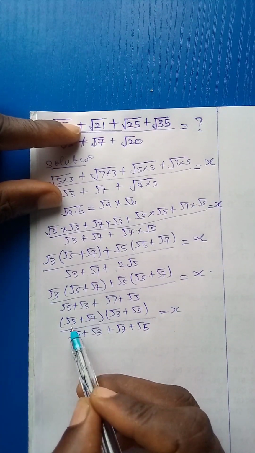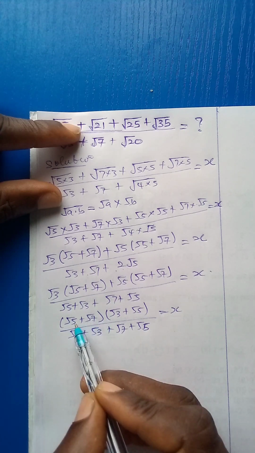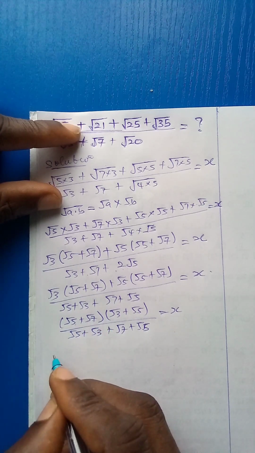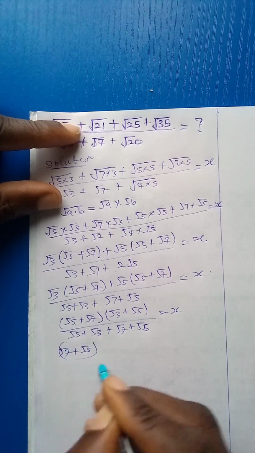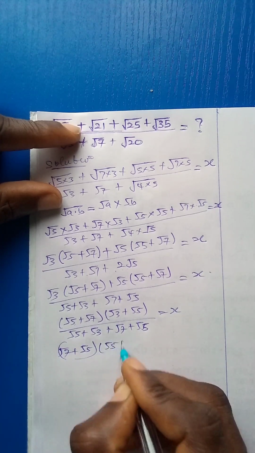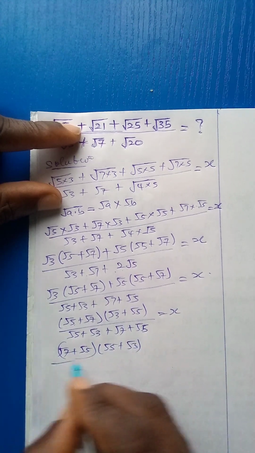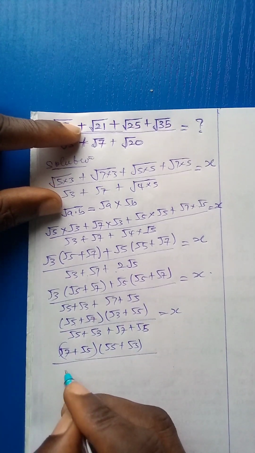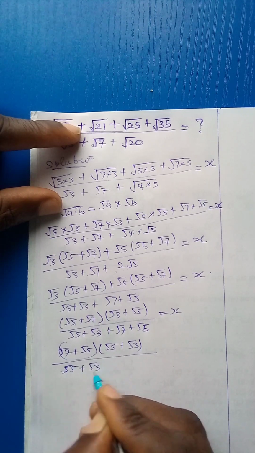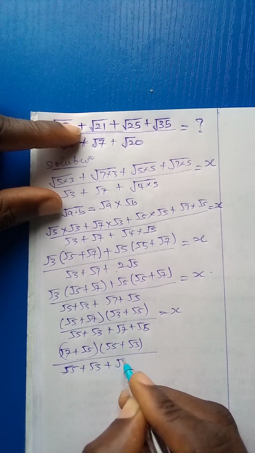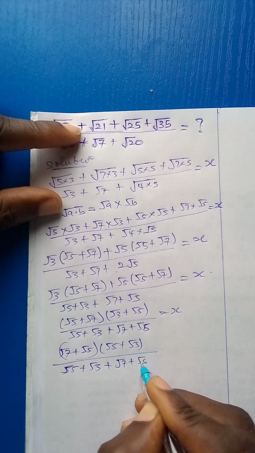Let us rewrite this so that the larger number will come first. I now have root 7 plus root 5 in brackets and root 5 plus root 3 in brackets all over root 5 plus root 3 plus root 7 plus root 5.